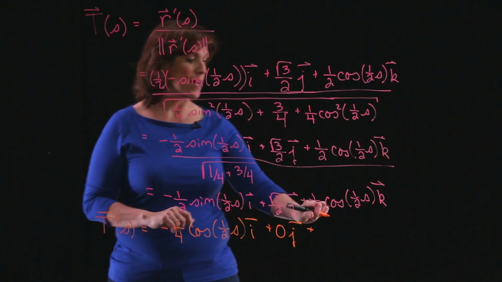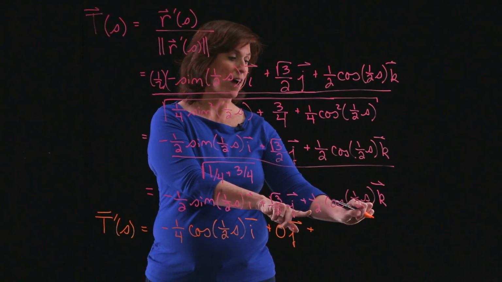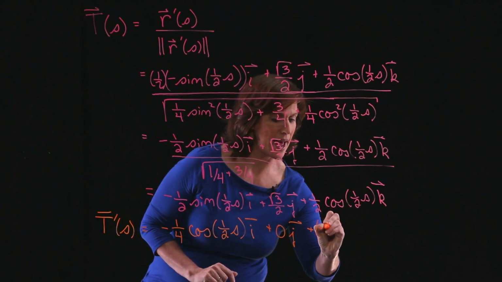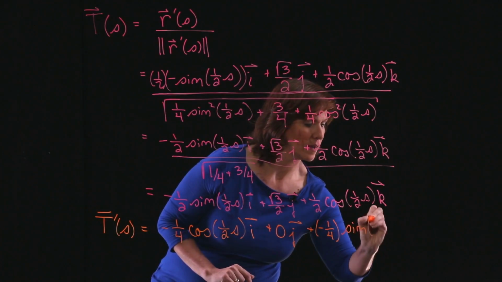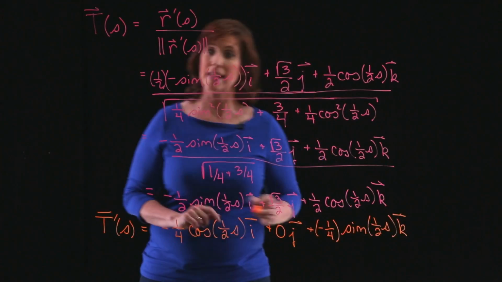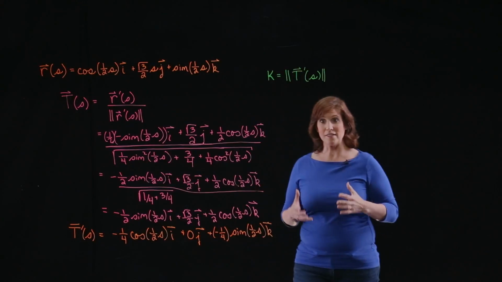And for the next piece, I'm going to have 1/2 times minus the sine of 1/2 s times 1/2. So that's going to give me a negative 1/4 sine of 1/2 s times my vector k. All right, so that was all the side work.